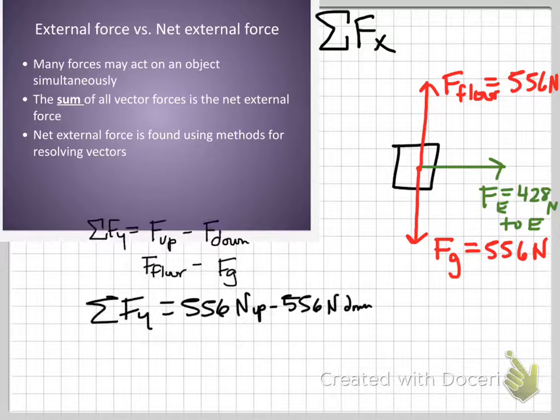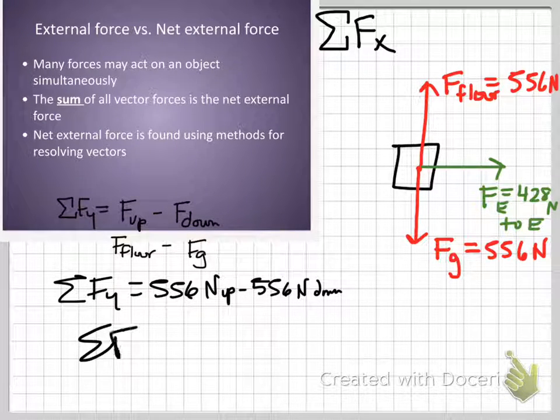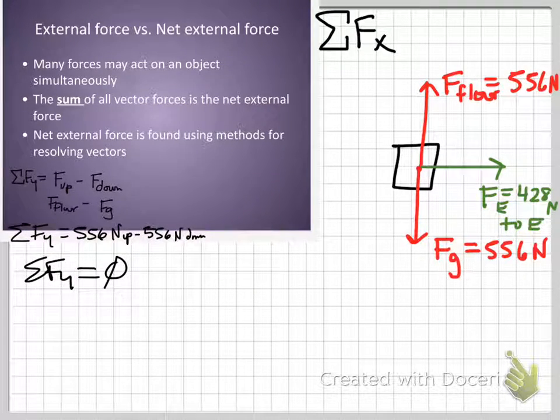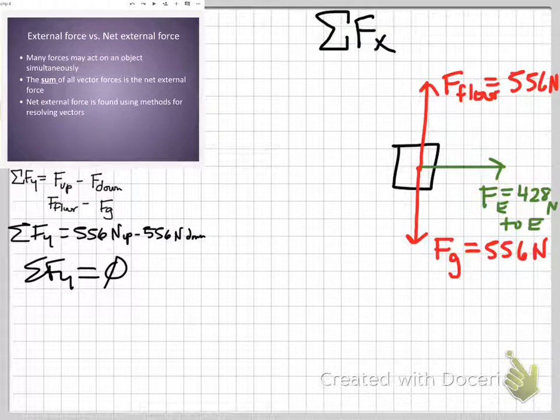And sum of forces on the y for this object equals 0, which we already knew. Duh. Like I said, these are simple. They're going to get more complicated pretty rapidly. So let's set that aside. What have we just proved there mathematically? We've proved that this thing isn't rising up off the floor spontaneously, nor sinking through the floor spontaneously.